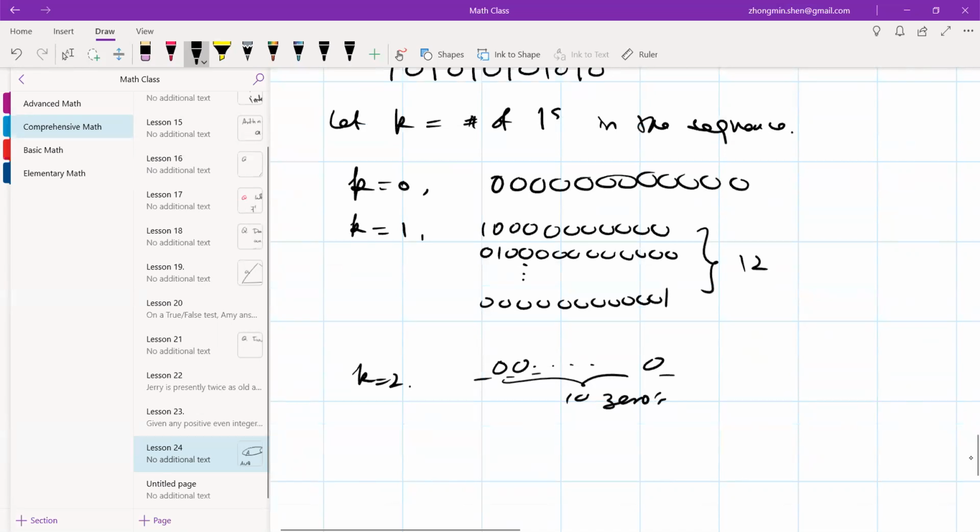Some are between 2 zeros, some are on the left-hand side or on the right-hand side. So there will be 11 spaces, right?